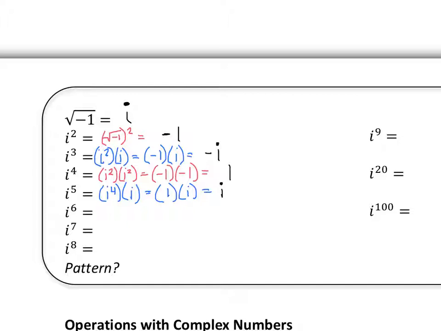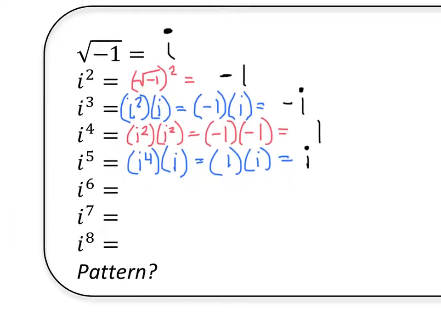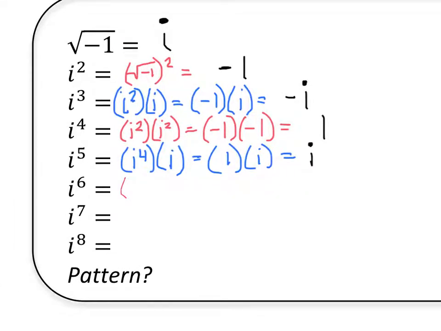Next one, i to the 6th, let me zoom in some. Let's write it down as i to the 4th, and then what will our next piece be? i squared, what's left. What was i to the 4th? 1. What was i squared? -1. What are those together? -1. So we've got i, -1, negative i, 1, i, -1.